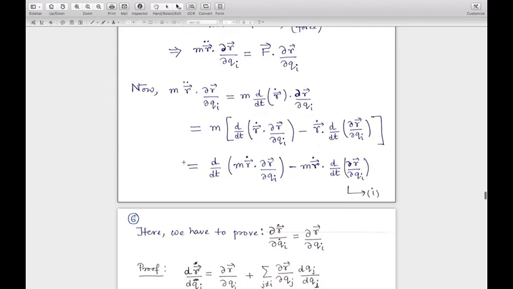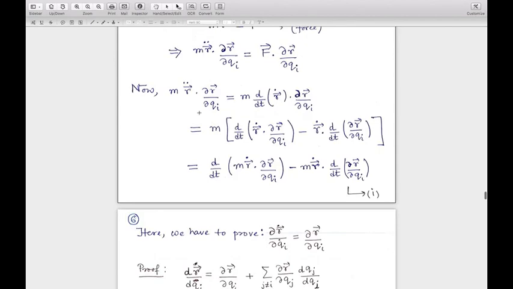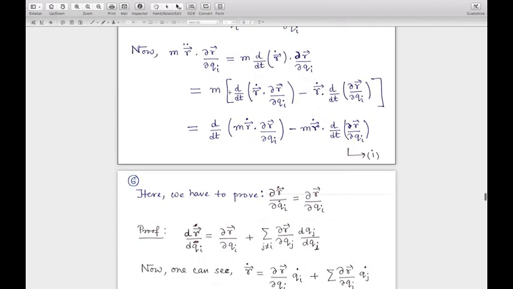Now, if we analyze this term, r double dot is d/dt of r dot, and del r by del qi we keep as it is. Then we can write this as m times d/dt of (r dot dot del r by del qi) minus r dot dot d/dt of (del r by del qi).